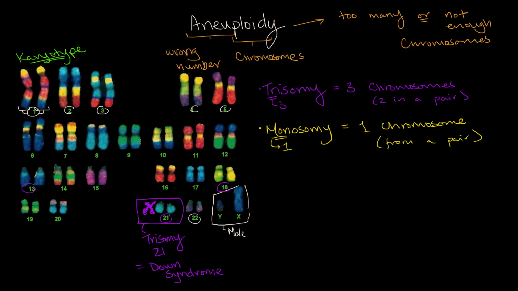And so the only monosomy that isn't lethal in the uterus, so that doesn't cause a miscarriage, that you can actually be born with, is monosomy of the X chromosome. So if you were born without a Y or without a second X, and you only had a single X chromosome, this would be called XO, for no chromosome. This would be called a monosomy. You only have 1 chromosome where you should have 2. Okay, so that's trisomy and monosomy.